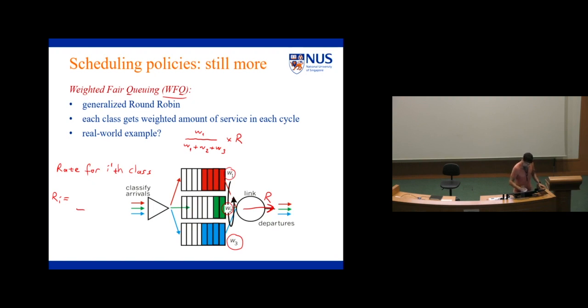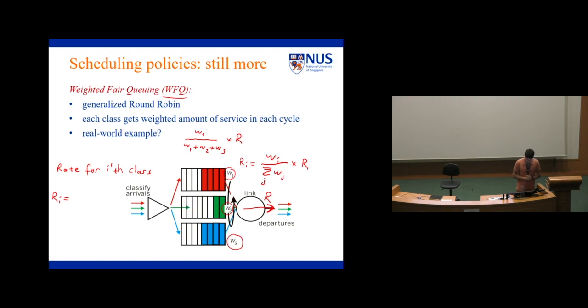Let me write it here. Ri equals Wi over the sum of all W's times R. So this gives the per link rate, per class rate of class i.